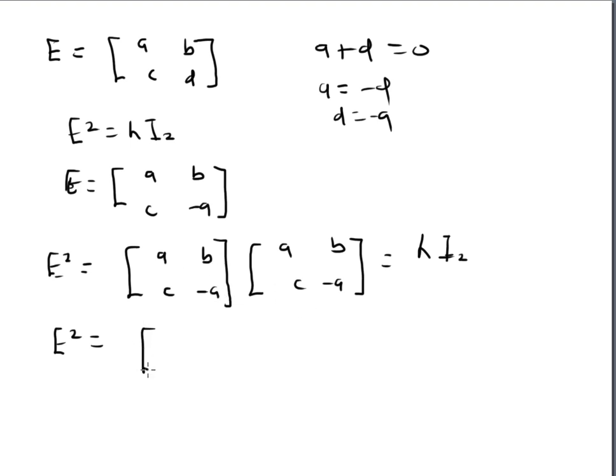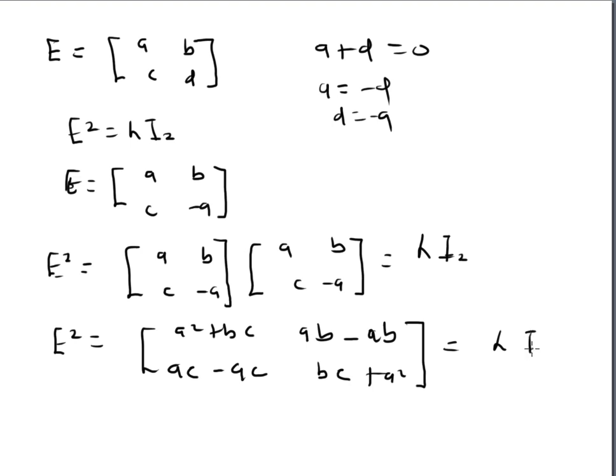Then AB minus AB. Again, AC minus AC. And finally, horizontal times vertical, we get BC plus A squared. It's equal to lambda I2.